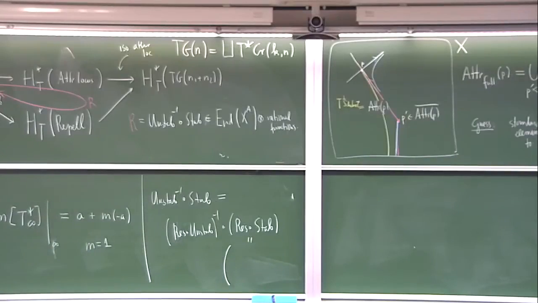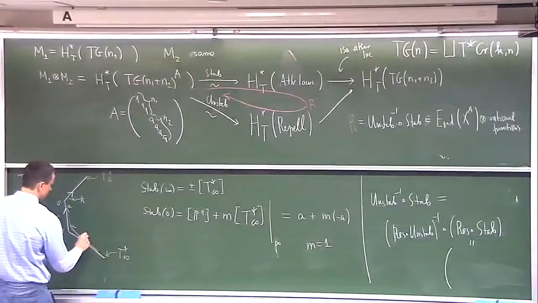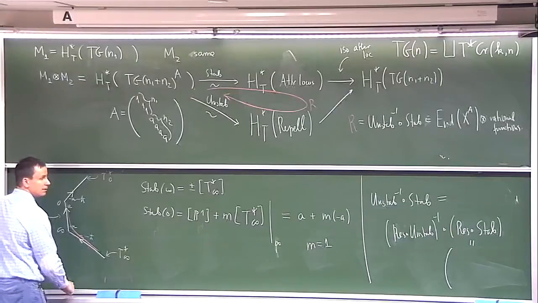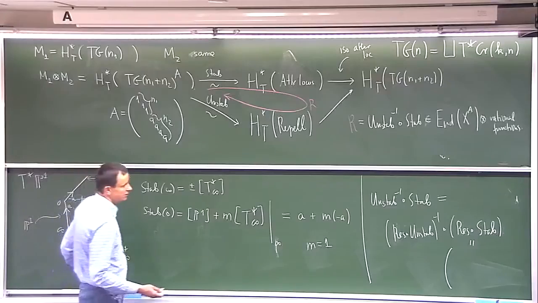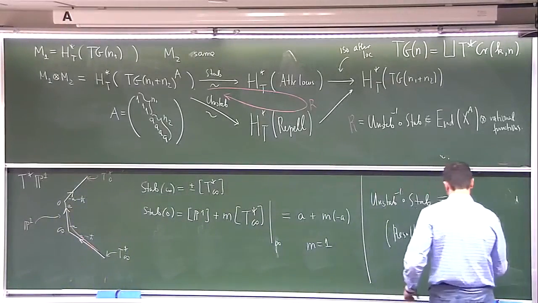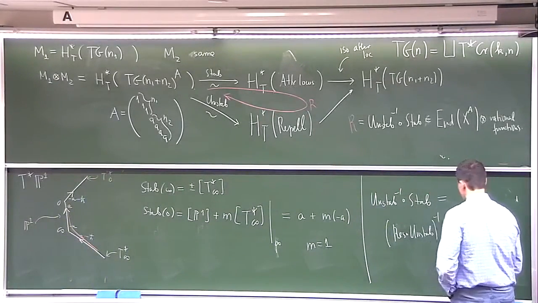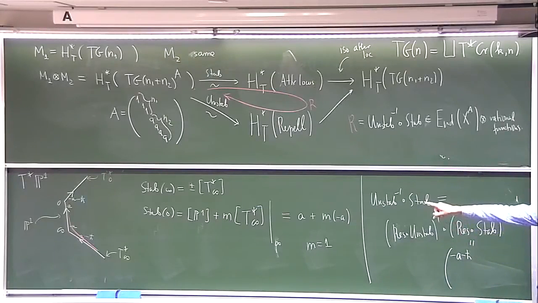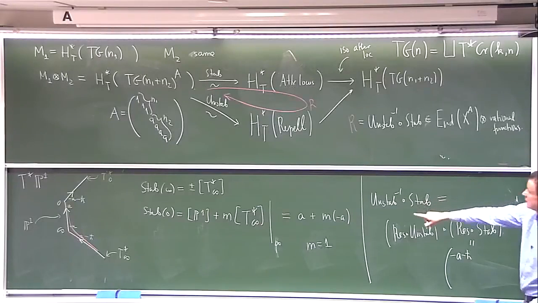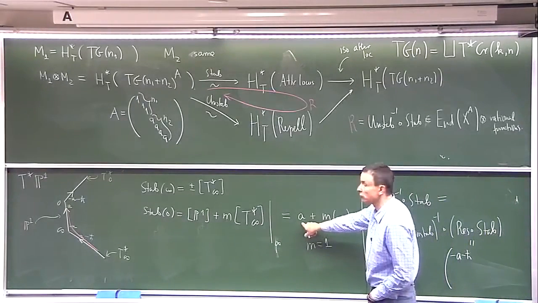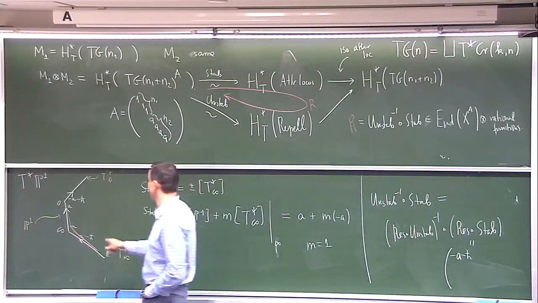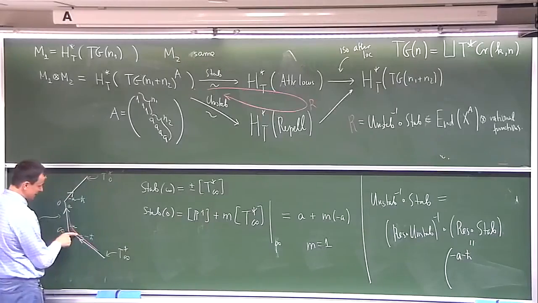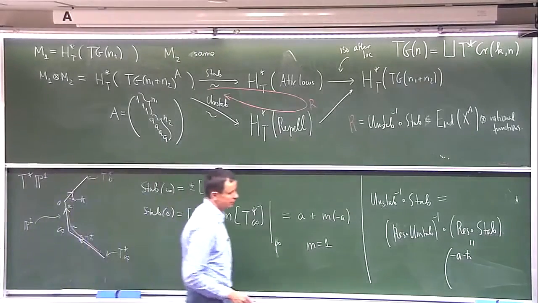So the restriction of 0 to 0 is a normal weight, so it's minus a minus h bar. And the restriction of this guy to infinity is now going to pick up an extra minus h bar, because instead of summing minus a and a, you sum minus a and a minus h bar. So minus h bar here.